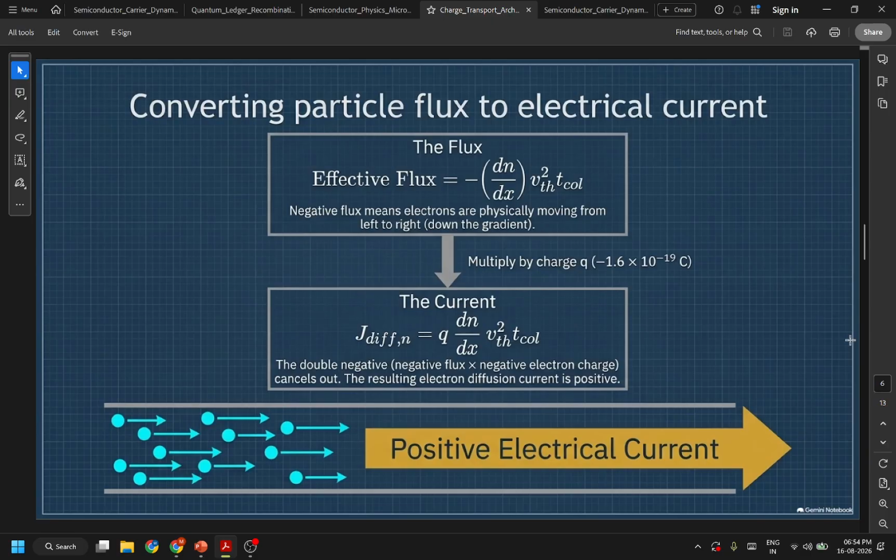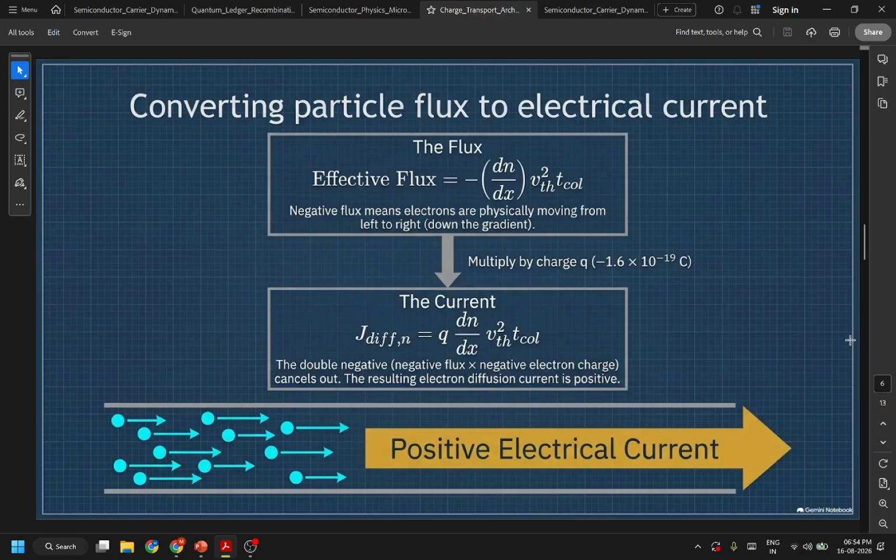So converting particle flux to electrical current, we have effective flux as -dn/dx v_th squared tau_c. Here the negative flux means that electrons are physically moving from left to right, which is down the gradient.